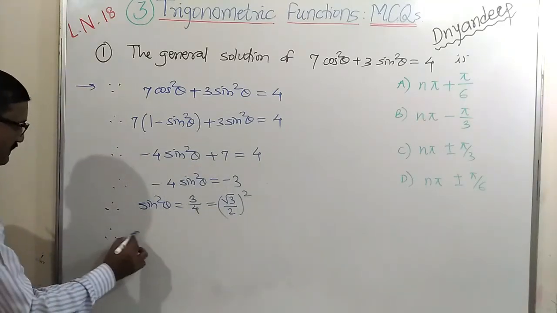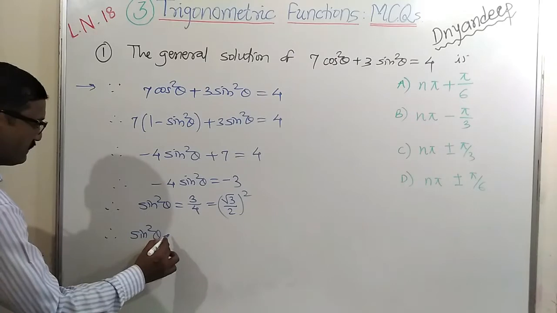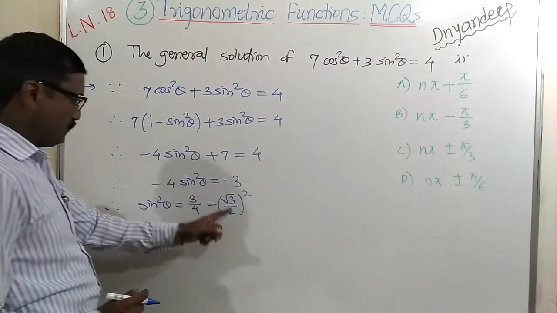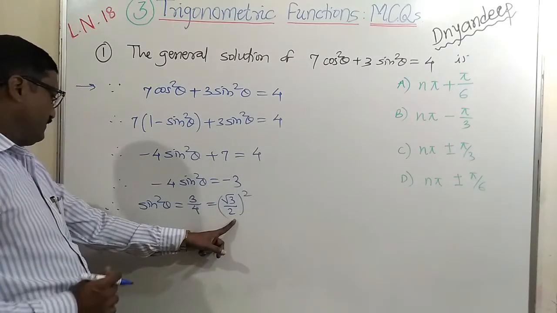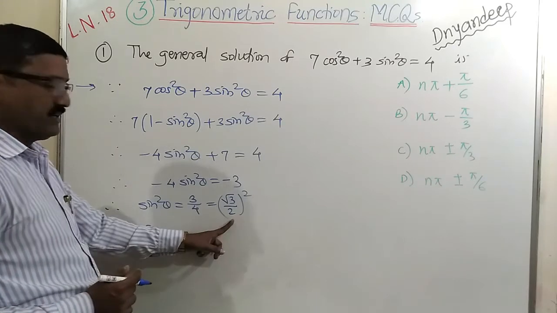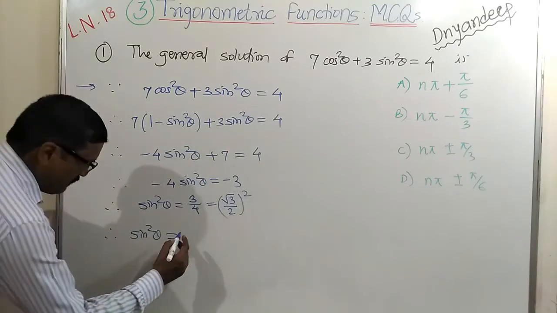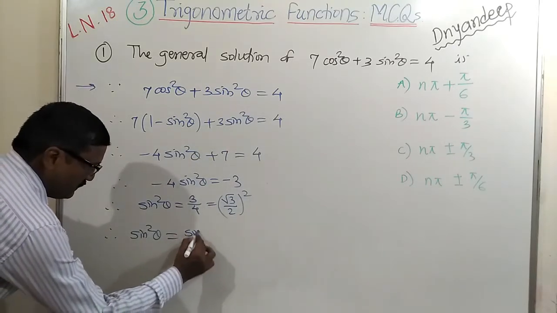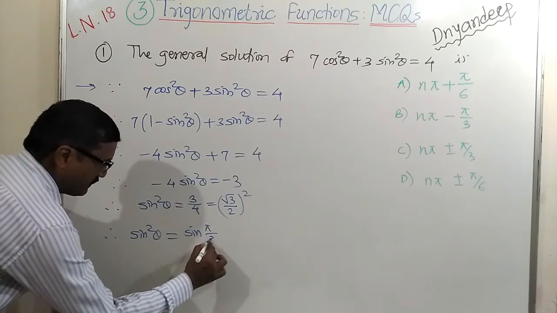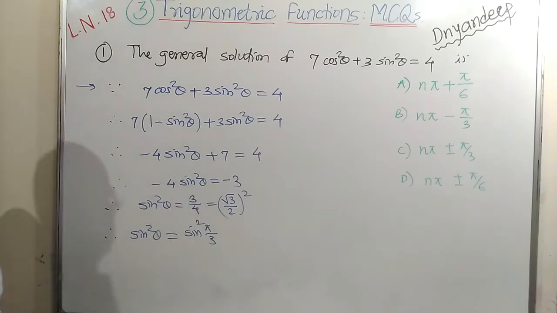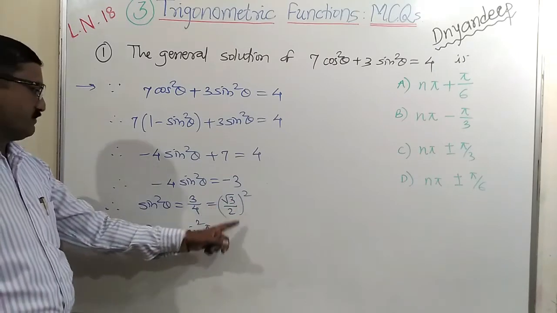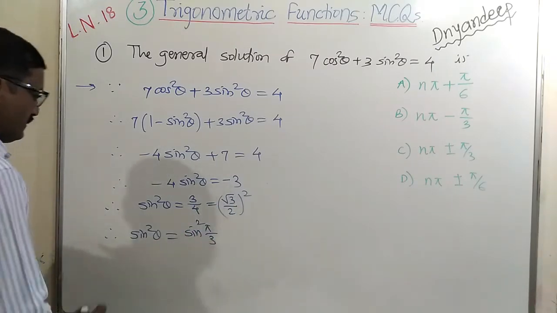Now we can write this sin square theta. Now root 3 upon 2, which value of sin theta will be root 3 upon 2? It is pi by 3. So here we can write it will be sin pi by 3 square. Sin pi by 3 is equal to root 3 upon 2. So sin square pi by 3.